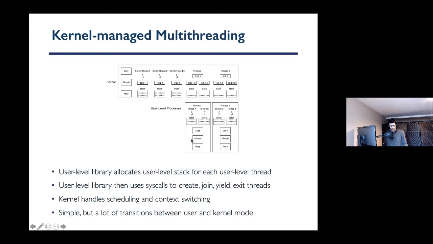So just to recap, we said we want to have processes with multiple threads. Now, each user space thread is allocated a user space stack. All of the threads share the entire address space.